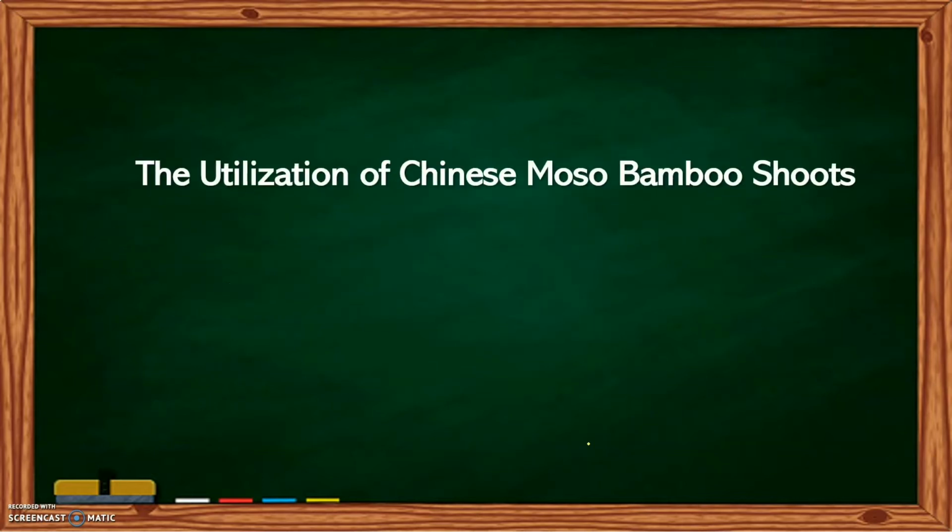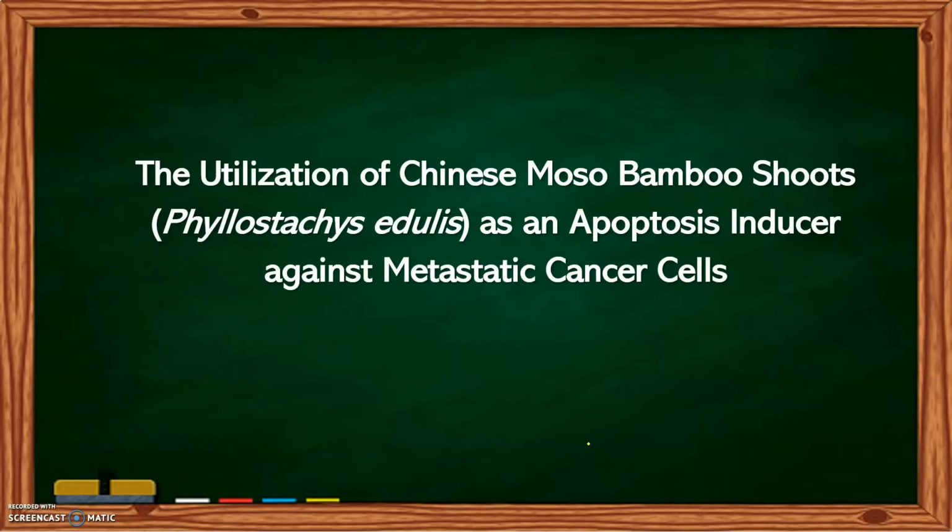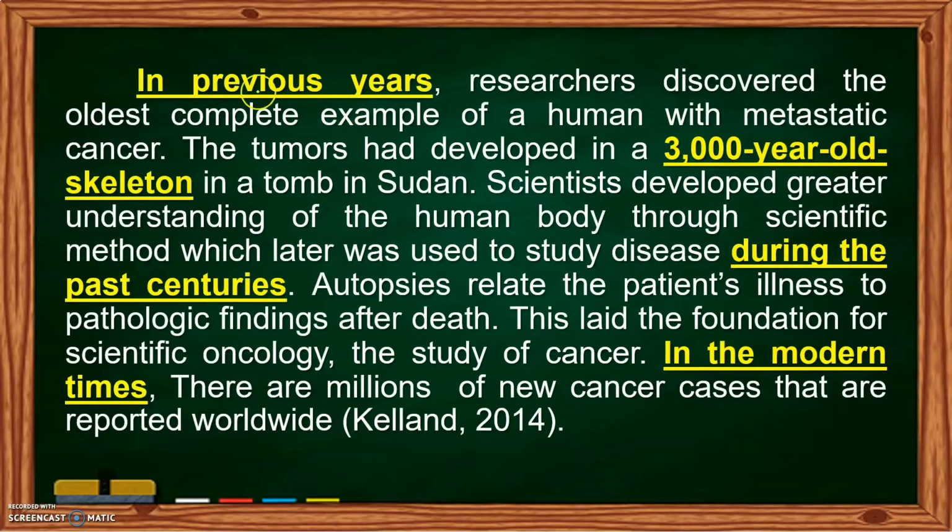Now, another example for the utilization of Chinese moso bamboo shoots as an apoptosis inducer against metastatic cancer cells. In the previous years, researchers discovered the oldest complete example of a human with metastatic cancer. The tumors had developed in 3,000-year-old skeleton in a tomb in Sudan.